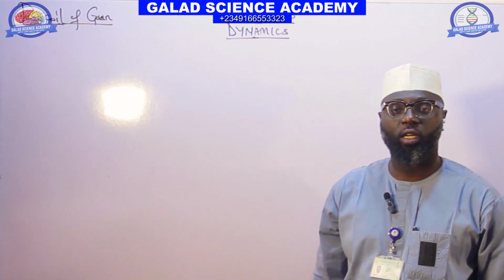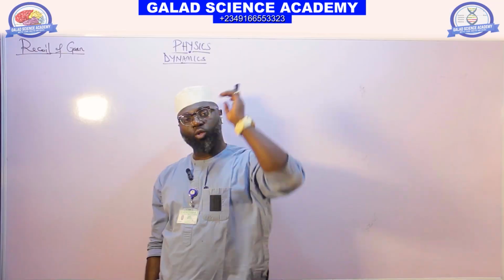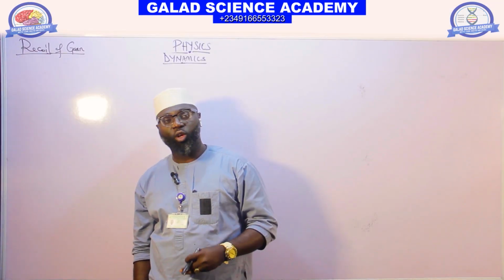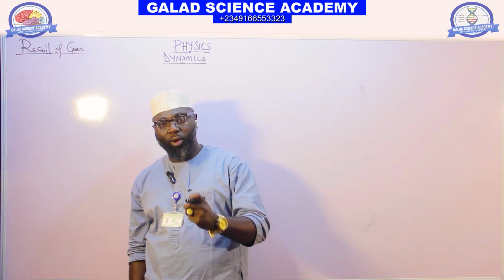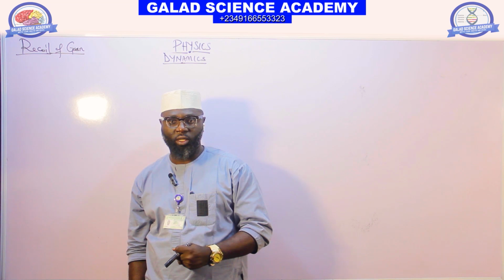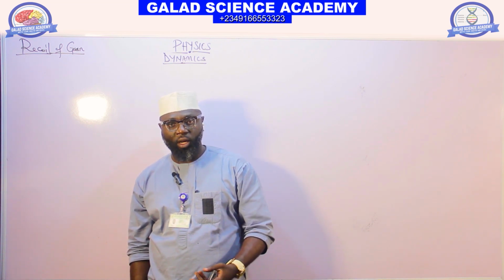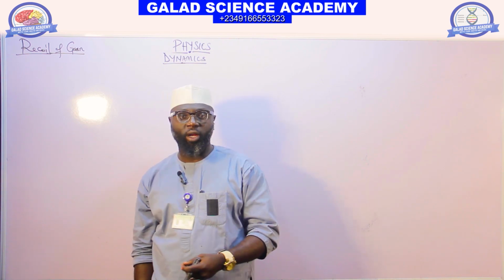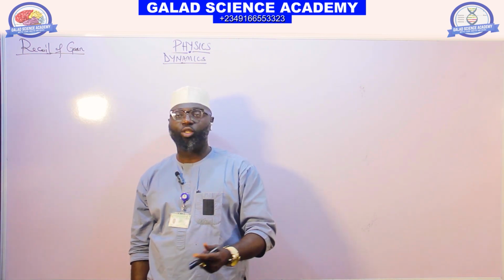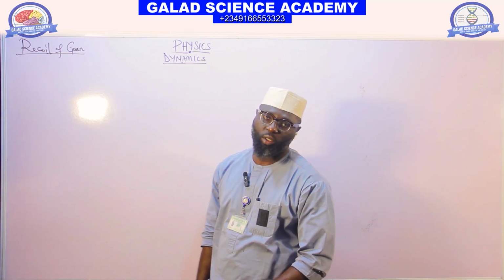Recoil of a gun is one of the applications of the third law of motion. According to Newton's third law of motion, when a bullet is released from the gun, the opposite reaction of the bullet from the gun is known as the recoil of the gun.